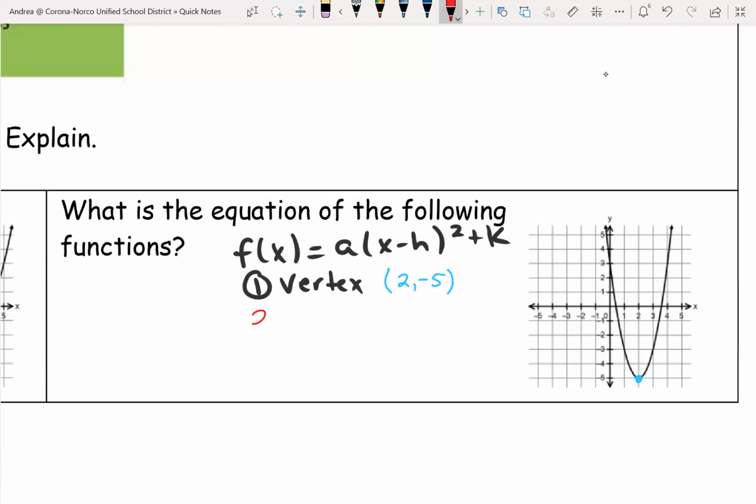Step 2 is to find the a value. Remember that very first step is a over 1. So you move up a and right or left 1. So if I go to the right 1, how far up did I have to move to get to my next point? 2.